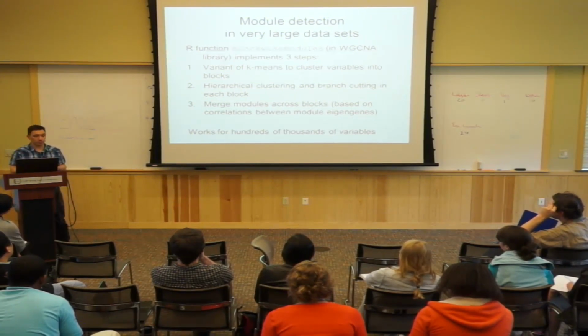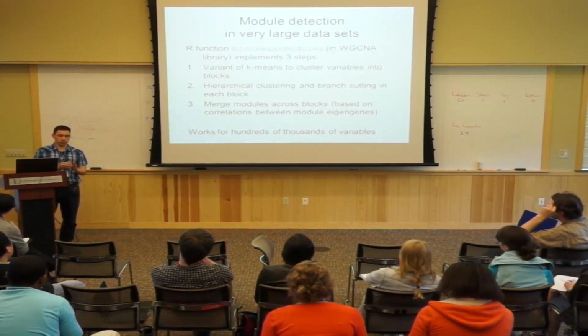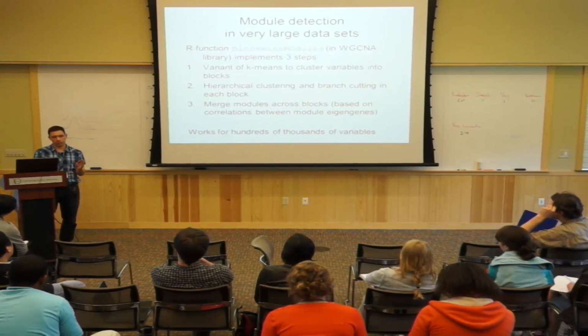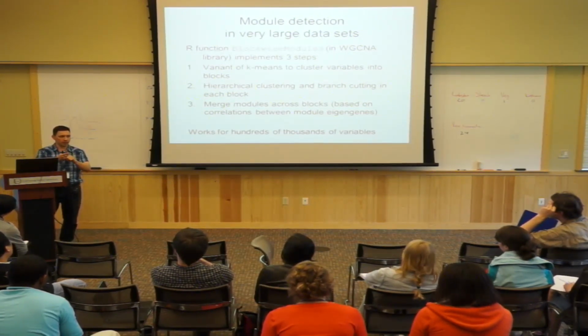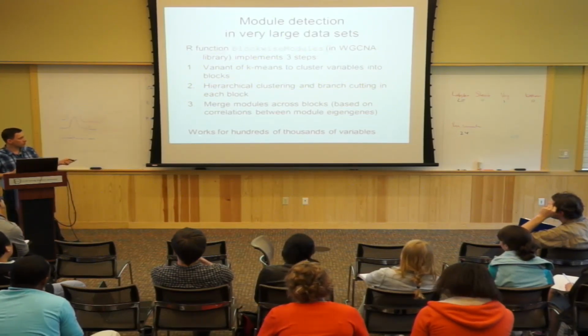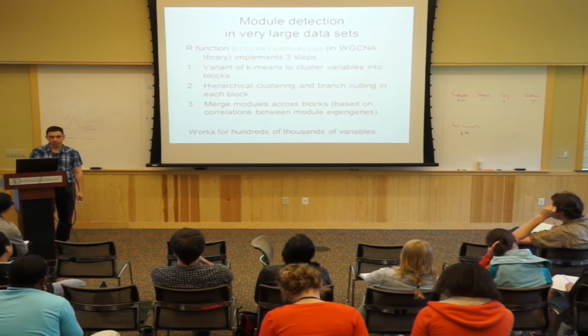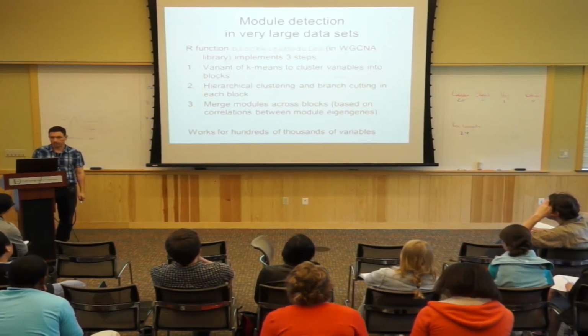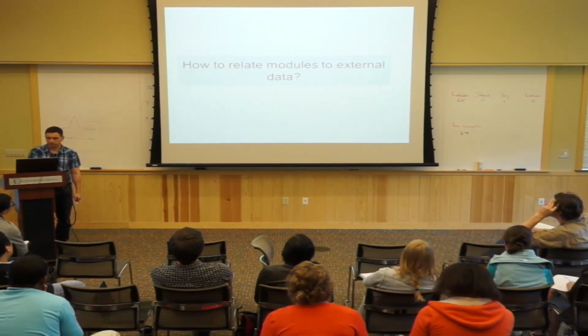So for example, if the blue module in block 1 is highly correlated with the brown module in block 2, then we merge the two colors. And so again, this is a very powerful approach that works on hundreds of thousands of variables. And so I'll give you some code for that later on.